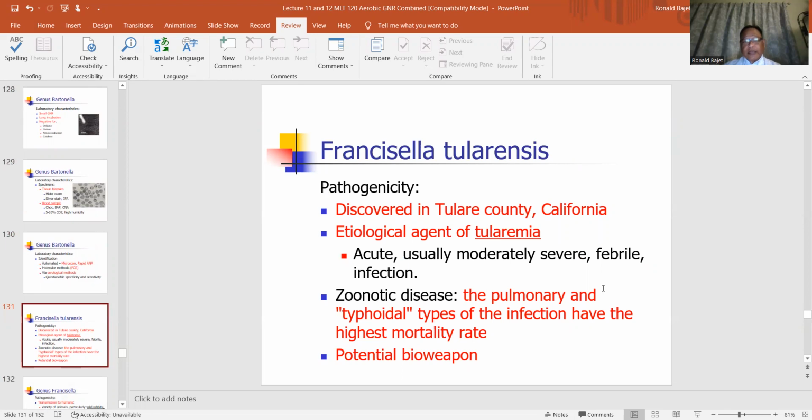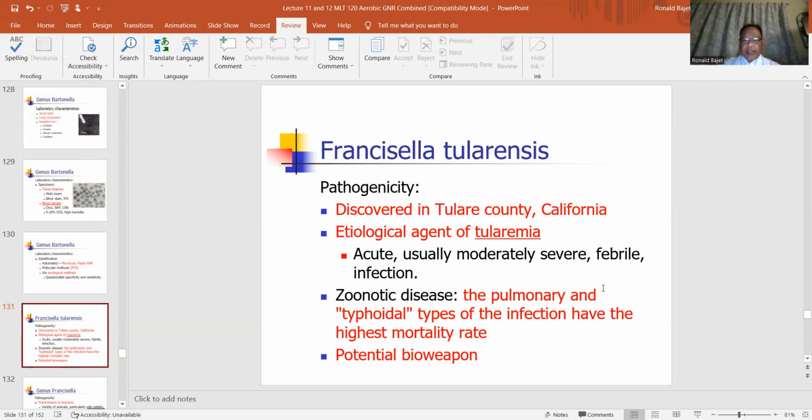Okay, the next organism is Francisella tularensis. And Francisella tularensis is an organism that was found in Tulare County, which is a little bit north of Bakersfield. So in the San Joaquin Valley, that's where this organism was isolated, Tulare County in California.